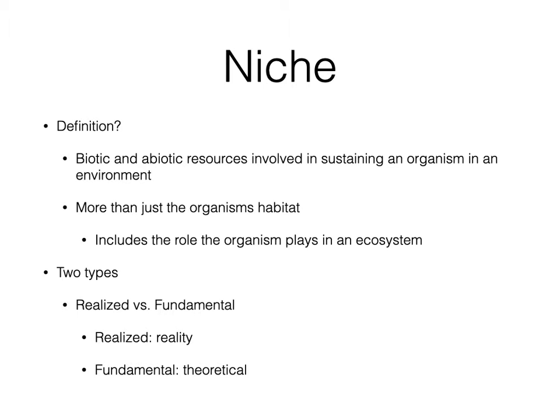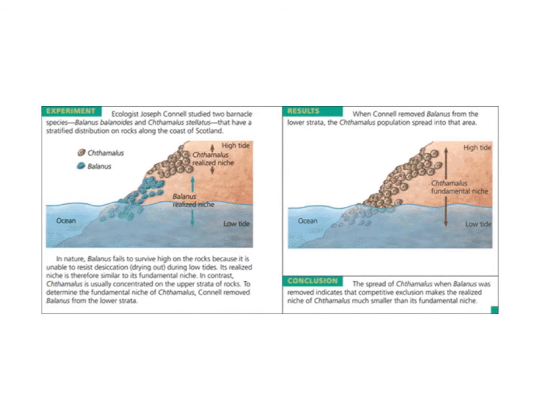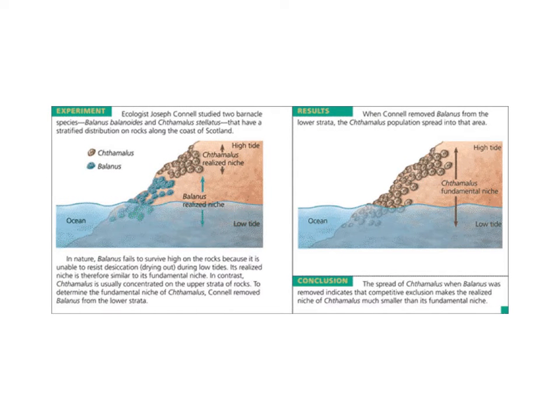To give an example of the difference between realized and fundamental niche, there was an experiment run by Joseph Connell a number of years ago, in which he observed two barnacle species that lived in the same intertidal region.